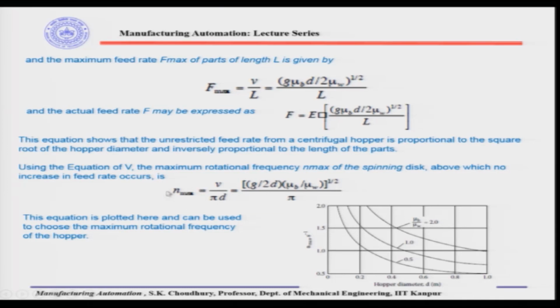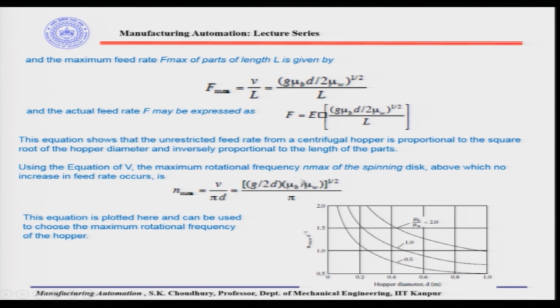So, from the velocity, knowing the diameter of the hopper disc, we can find out N maximum. N max will be V divided by pi d, because pi d into N is the velocity. We know the velocity, and dividing it by pi into d will give you the maximum rotational frequency.